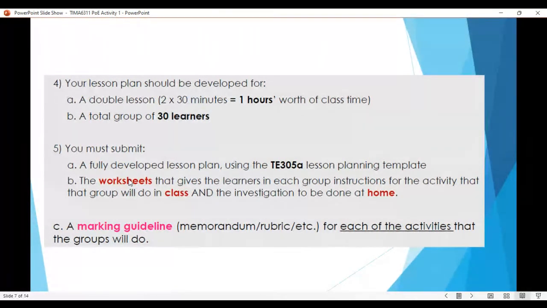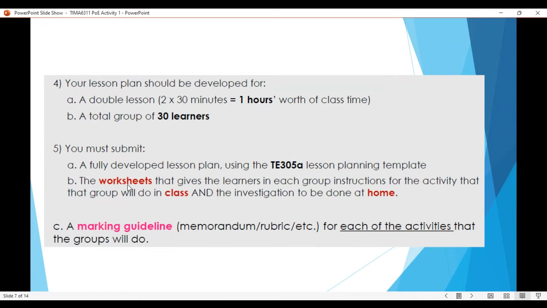Say, for instance, you have chosen to group them according to ability. You have your high, moderate, and low groups, and you will describe them to me and the activities that they're going to do. It doesn't have to be a worksheet with a memo of 50 marks. It can be any activity that you describe in or on the worksheet.